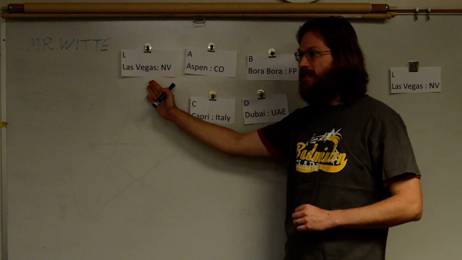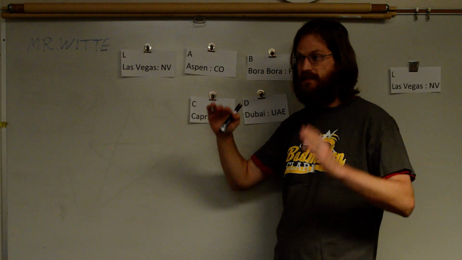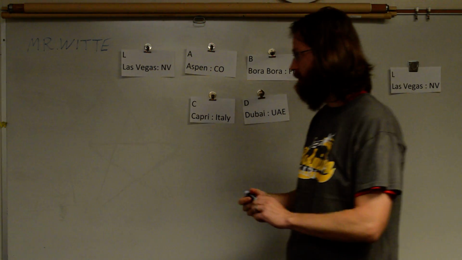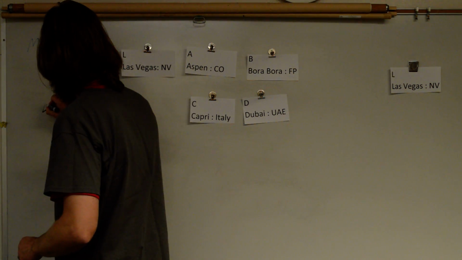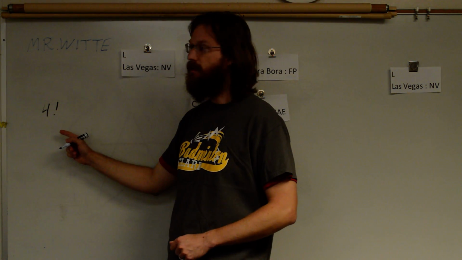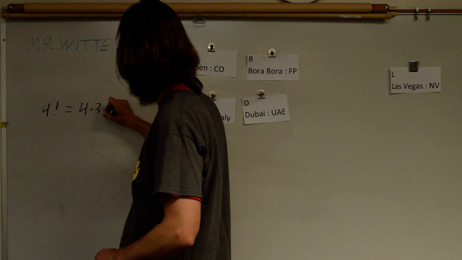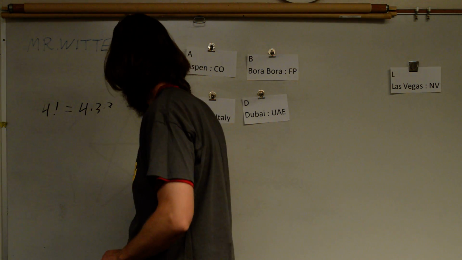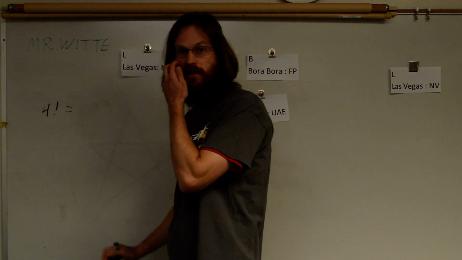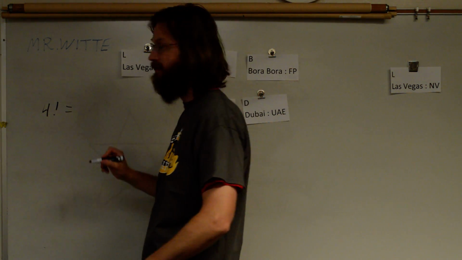So again, Las Vegas is not going to be part of that permutation. It's our starting and stopping, and that's set. But these other 4 options, you can do what's called 4 factorial, which is the same thing as 4 times 3 times 2 times 1.